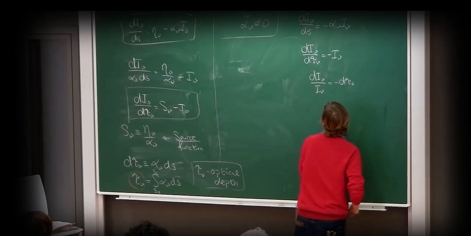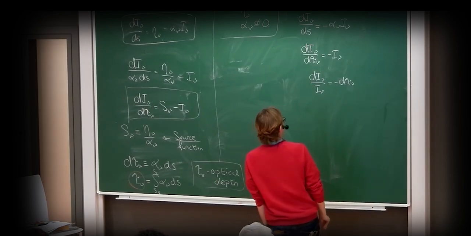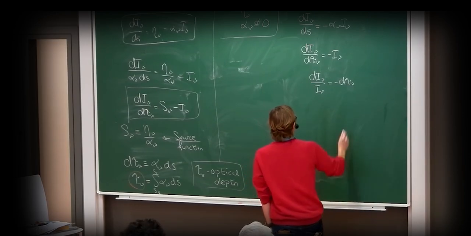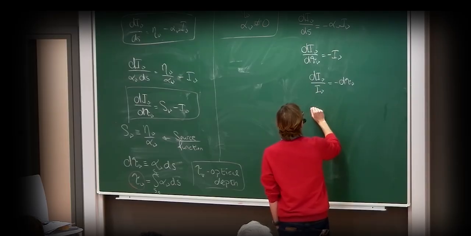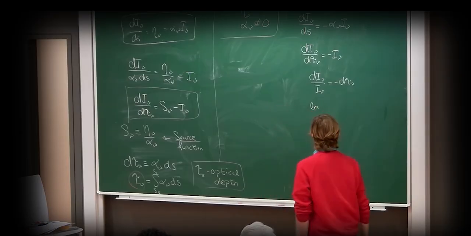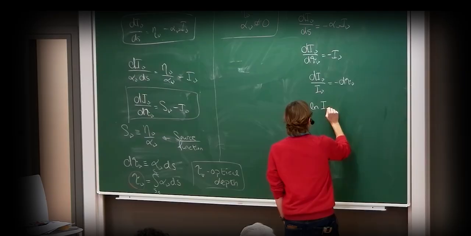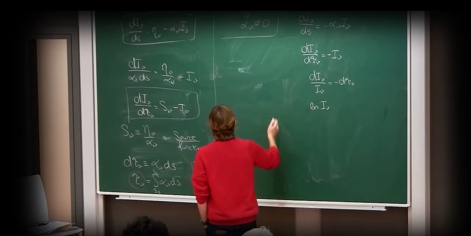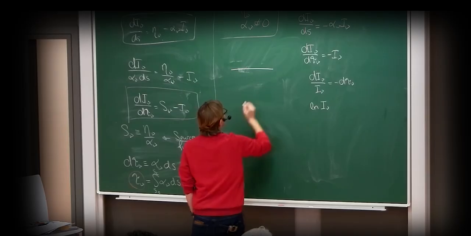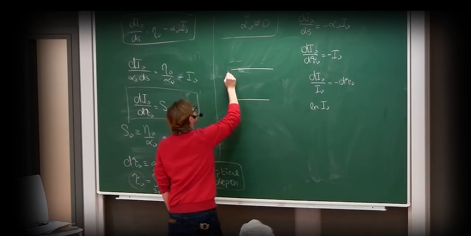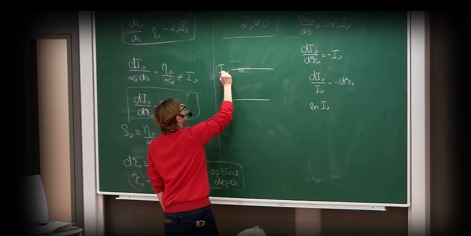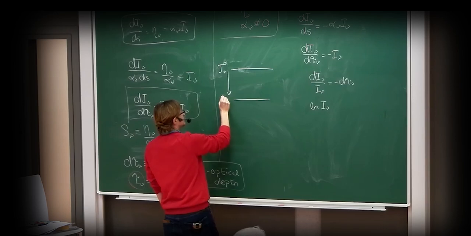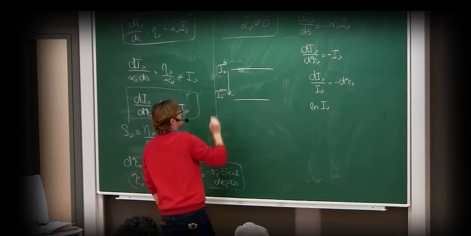If we solve this, we just end up with the logarithm of I nu. We're going to solve this, say, for here, where we have something coming in. We call it I nu 0, and then we're interested in the intensity here, call it I nu.